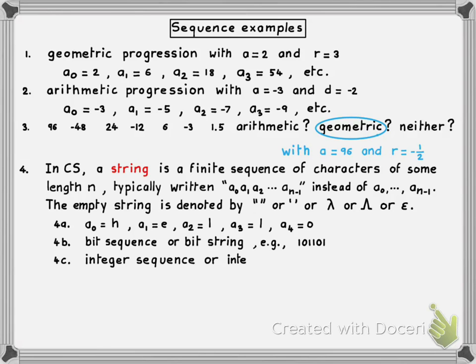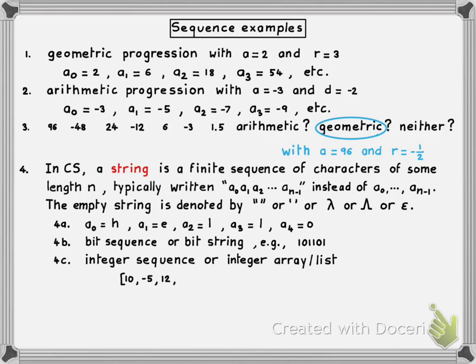Another kind of string or sequence is the integer sequence, which of course in programming we call an integer array, or sometimes a list. So an array or a list is also a finite sequence, which is indexed by an integer, usually starting at 0.